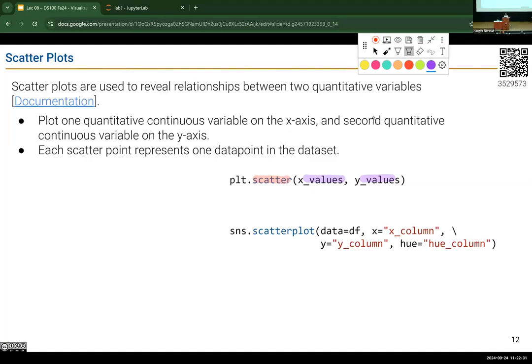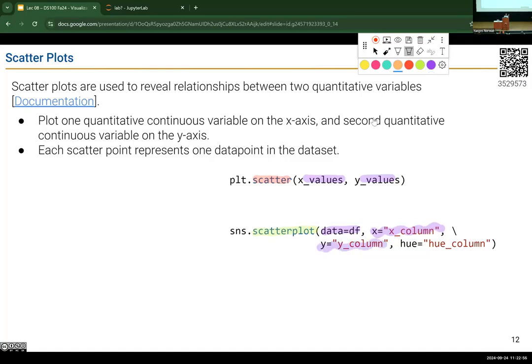With Seaborn, the relationship was slightly different. You just need to remember the name of the plotting function that will do the thing that you want. So here in this case it is scatterplot. And the outline was that we always pass the data frame. We always pass the column name, so that's the string value: the column name that goes on the x-axis, the column name that goes on the y-axis.